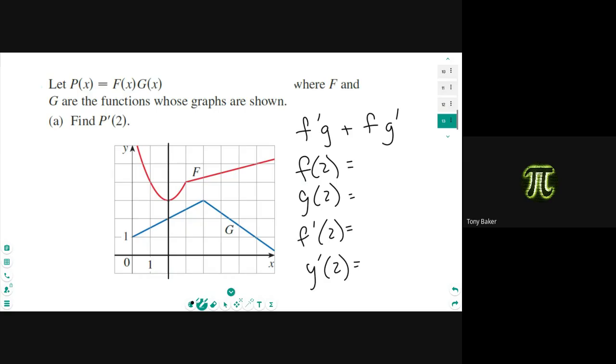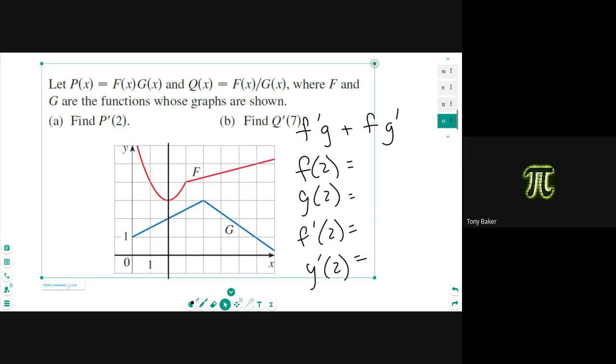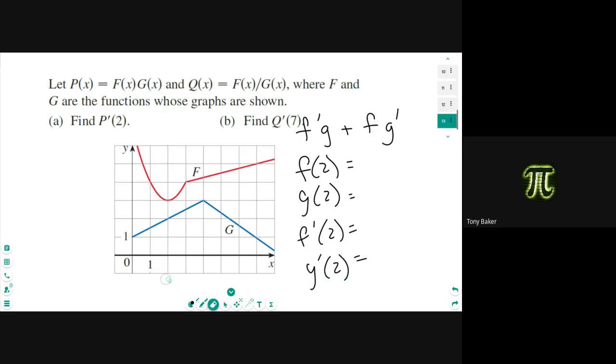If we look at how that line is right there at 2, it's the turn, right? It's the minimum point. So it's curved, but it's staying at that point.